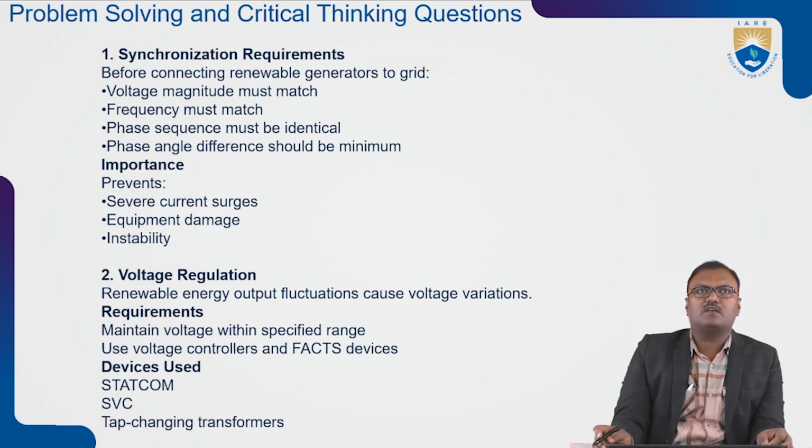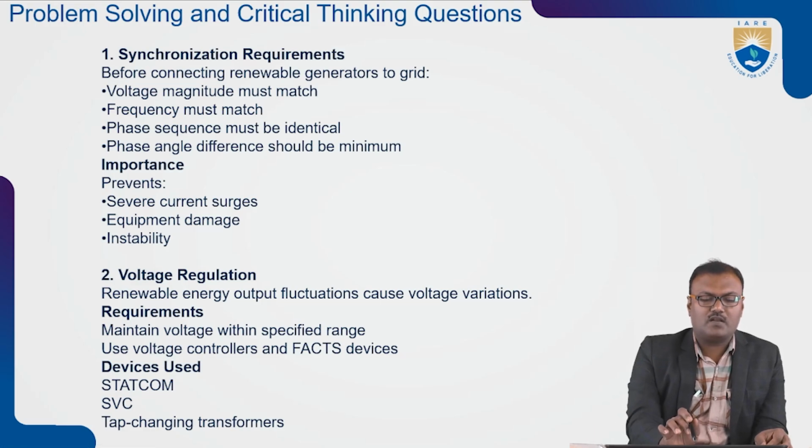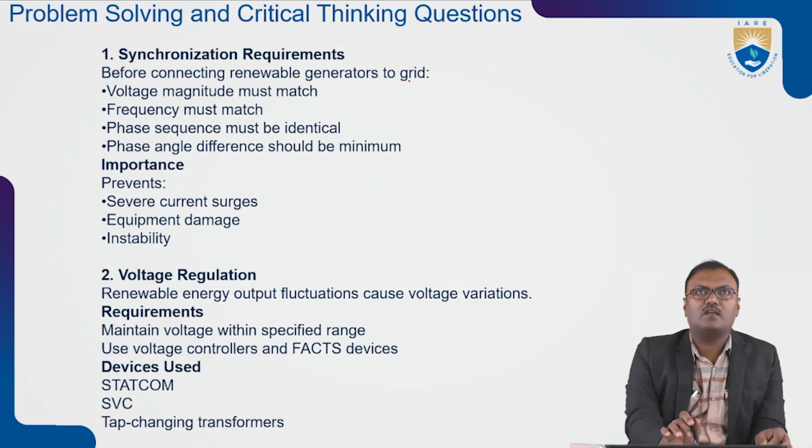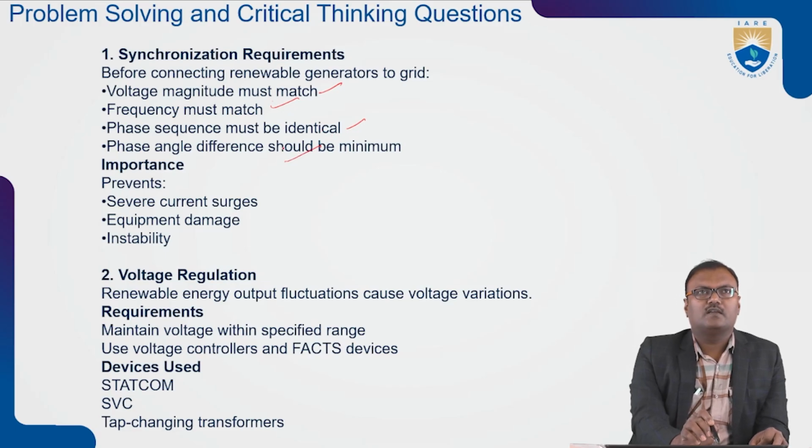So synchronization requirements: before connecting a renewable generator to the grid, voltage magnitudes must match, frequency must match, phase sequence must be identical, and phase angle difference should be minimum. And why is it important? It prevents severe current surges, equipment damage and instability.